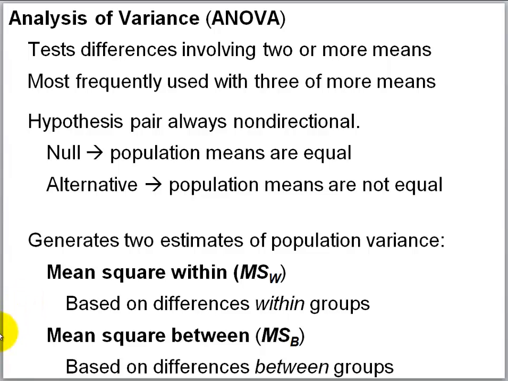The mean square between is based on differences between groups. In other words, it's based on how much the sample means differ in the different groups. For greater depth on the theory behind the mean square within and the mean square between, and on calculations, consult the text.